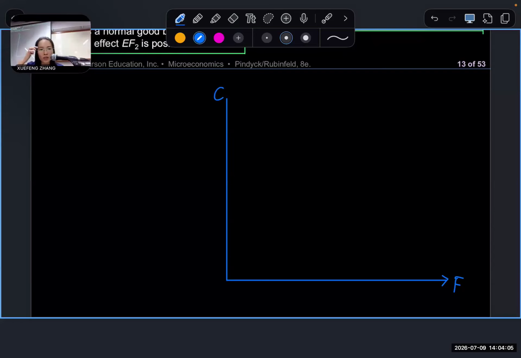So suppose the initial is this one. Okay, this is our budget line 1. And at this budget line, I'm gonna buy, so I need a utility IC curve. So this is our IC1, utility 1, which is U1.